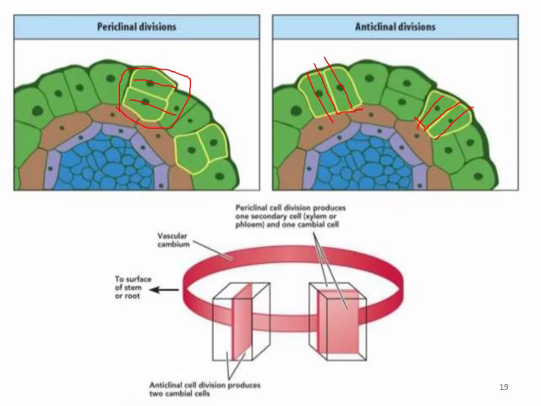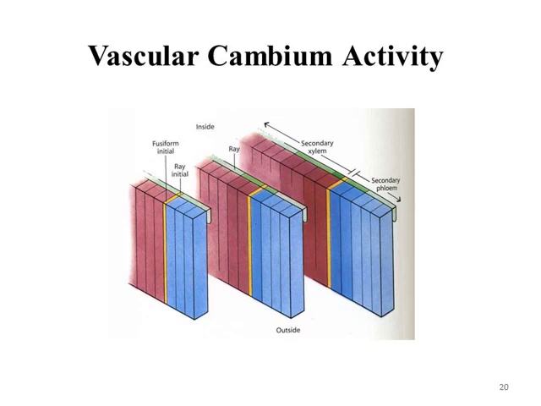So here we clearly indicate the vascular cambium activity. Here we have two types of cells exhibited by the vascular cambium. One is the fusiform initial, the other one is the ray initial, as clearly indicated in this slide. After the division in these cells, they produce secondary xylem and secondary phloem.